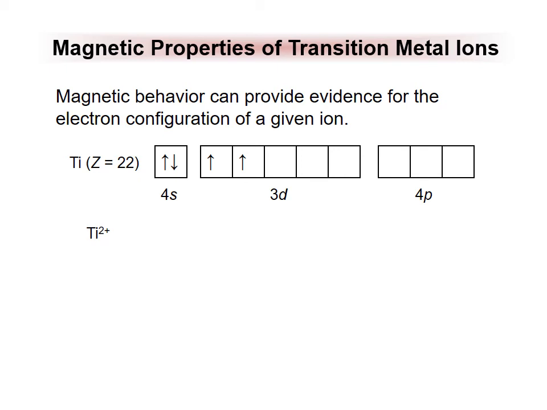If it loses two electrons from the 3d orbital, then the cation should have two electrons that are paired, so it should be diamagnetic. On the other hand, if it loses two electrons from the s orbital, then it has two electrons in the d orbitals that are unpaired, so it should be paramagnetic.